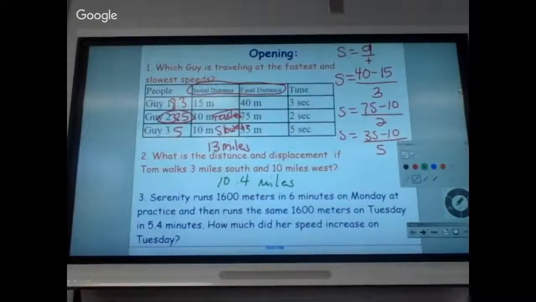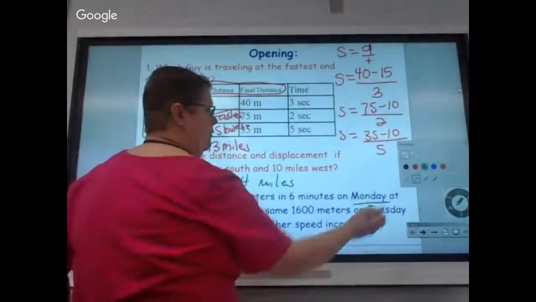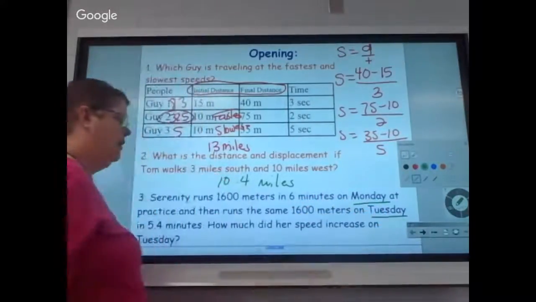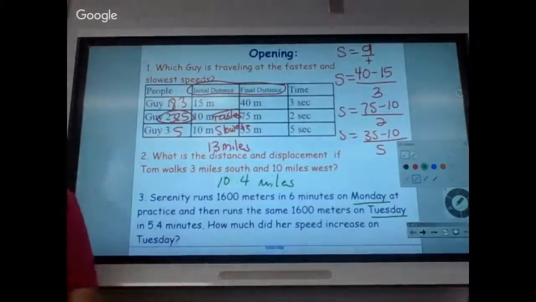Okay, so she's telling you to find the speed on Monday and the speed on Tuesday, and then you can subtract them. Does that make sense? Okay, so she's got the speed for Monday, the speed for Tuesday, and then it says how much did her speed increase, so that's why Grace said to subtract them.